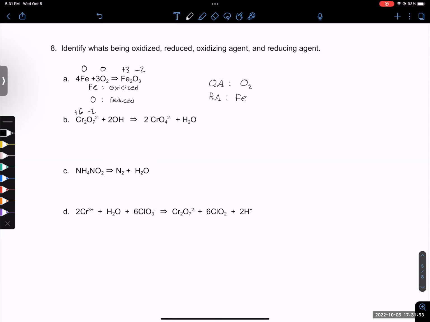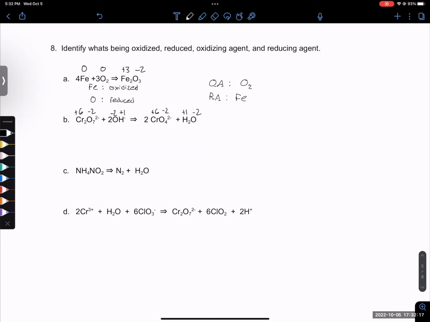And what about the other oxygen? -2. And then +1 on hydrogen, right? And what about the chromium here on the right? +6 again. Oxygen's -2. +1 and -2.